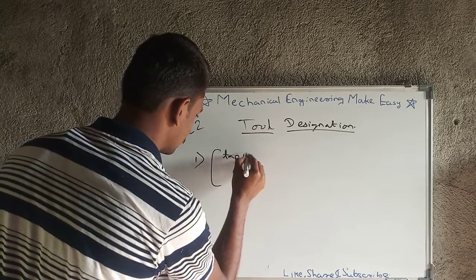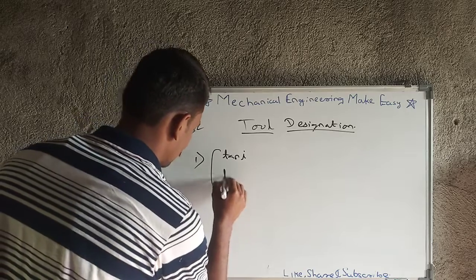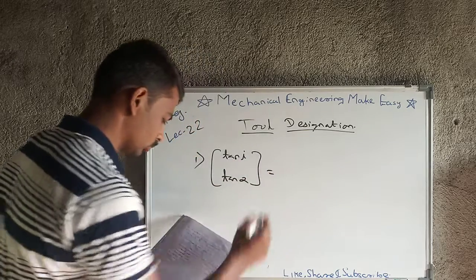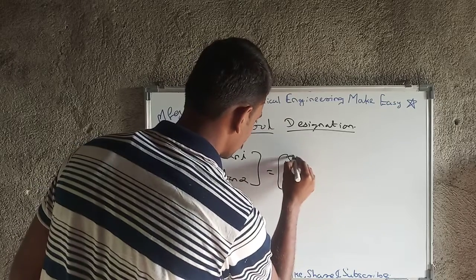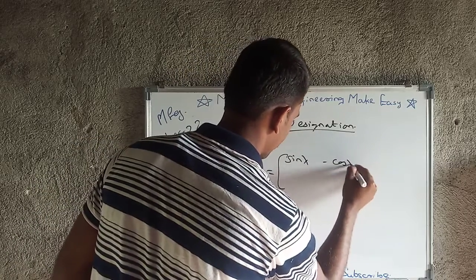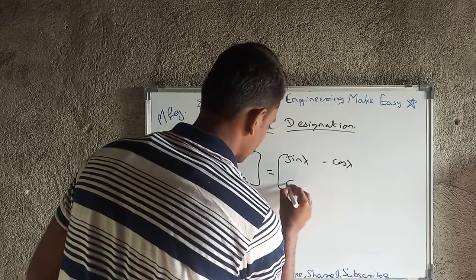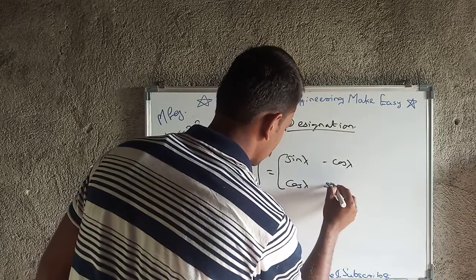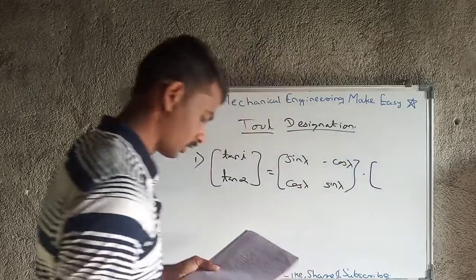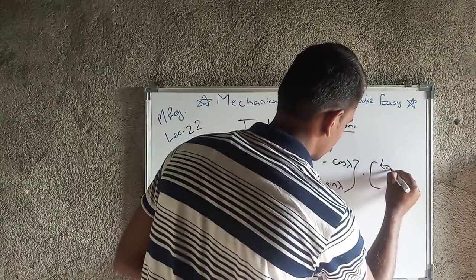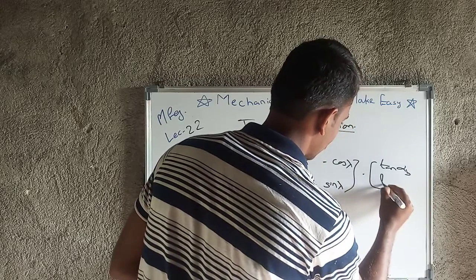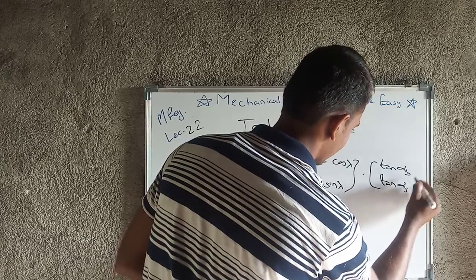First is tan I and tan alpha, which is equal to the matrix sin lambda, minus cos lambda, cos lambda, sin lambda, into tan alpha b, that is back rake angle, and tan alpha s.